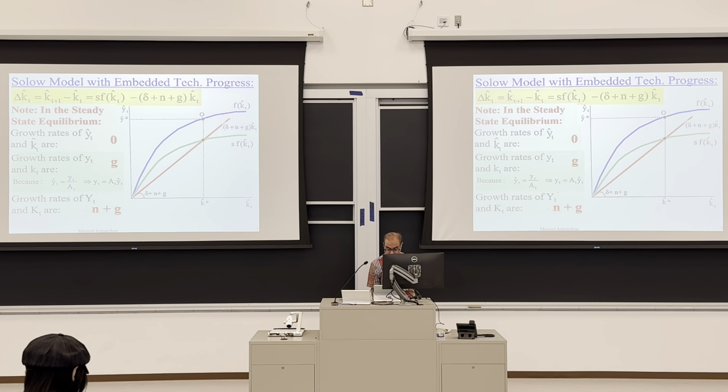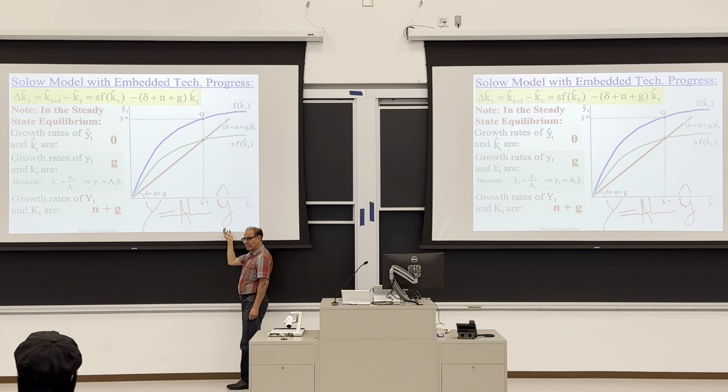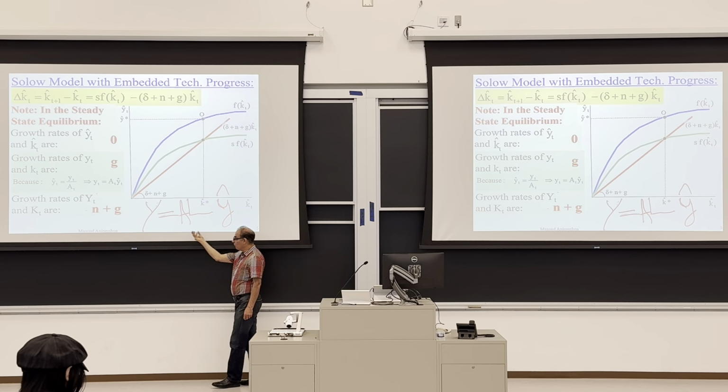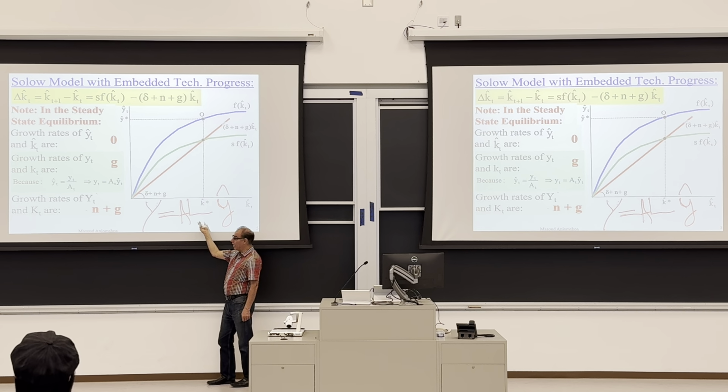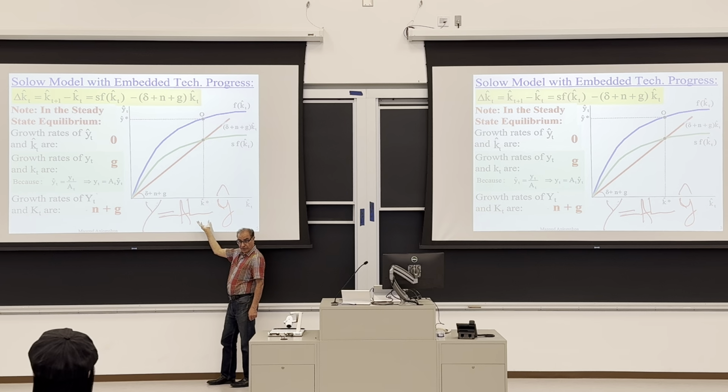Remember, total output would be A L y hat. This is per effective worker output. If I want total output, I have to multiply it by effective labor. So A L y hat.